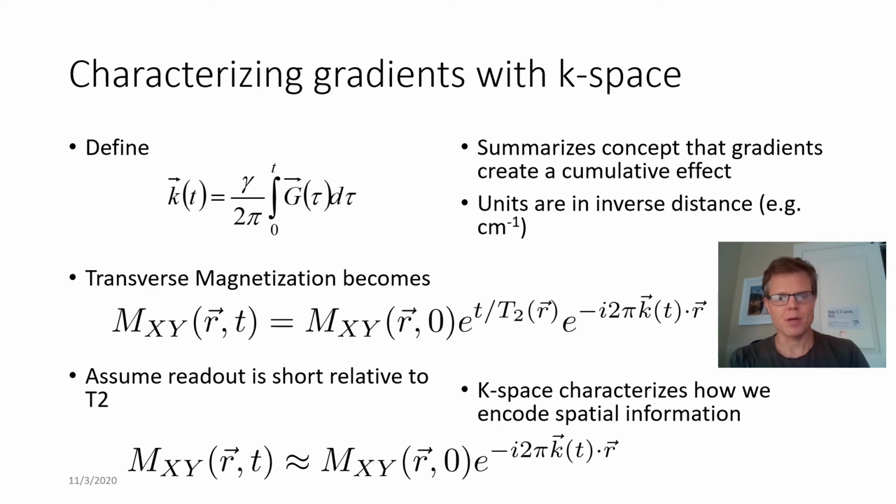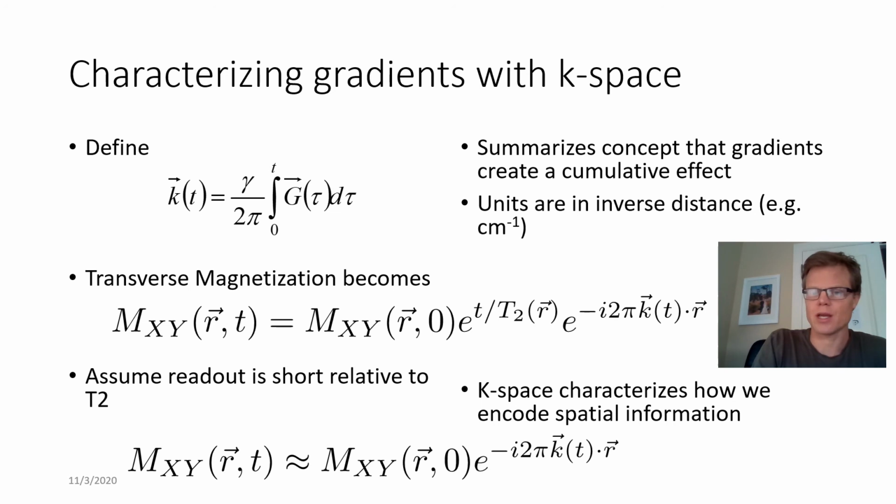So to wrap up here, I do want to go through, building on the previous chapter, and talk some more about characterizing the gradients and look at some of these from the K-space perspective. So if you recall, this is our definition of K-space, and what K-space is is basically the image phase, right? So it's the transverse magnetization.